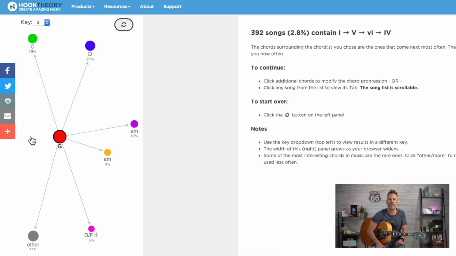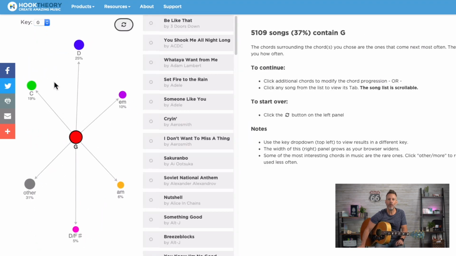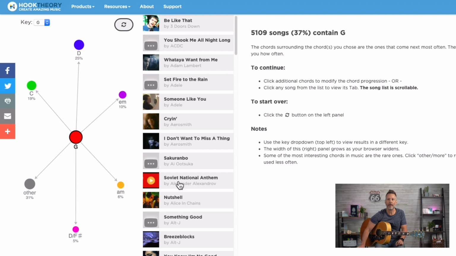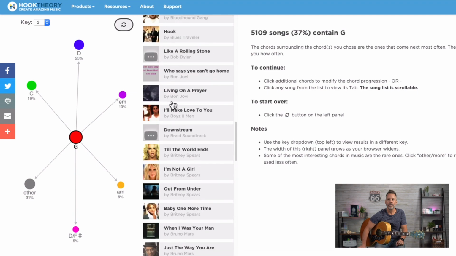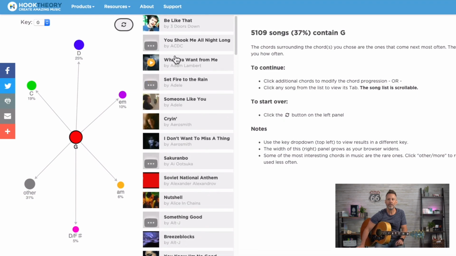If I press G, this tells me what percentage, out of all these popular songs, the 1,300 songs, popular songs like You Shook Me All Night Long and Someone Like You by Adele, and so on, you'll see that the songs in those keys, after the G, most likely the next chord we're going to go to, if we look at the percentages here, is a D.